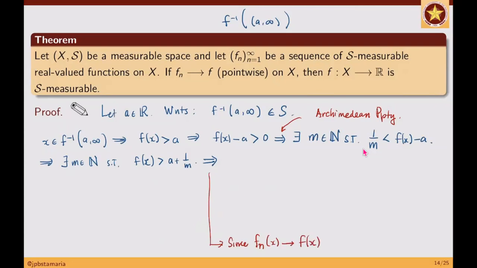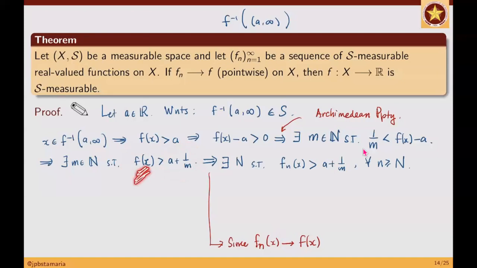Why does it converge? Because wherever that x is, the convergence is pointwise, so fn of x converges to f of x. What does this mean? This means that there will exist a natural number N such that fn of x is greater than a plus 1 over m for all n greater than or equal to N. The idea is that your limit is to the right of a plus 1 over m.